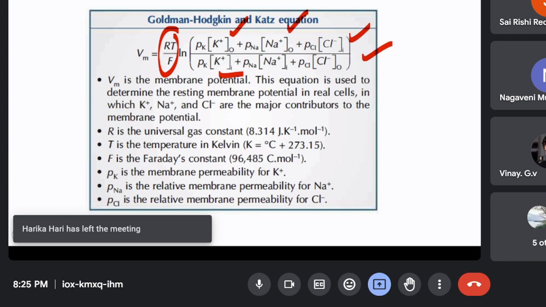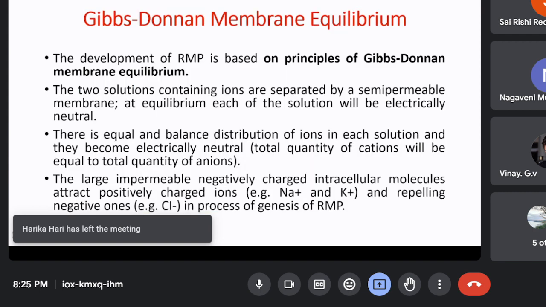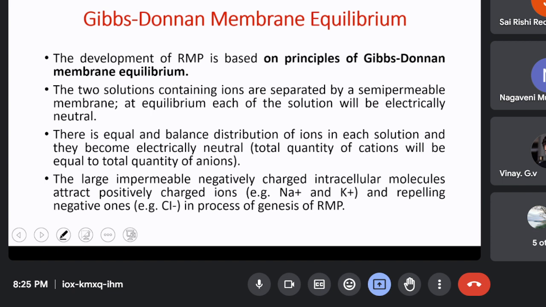Okay, and another one which we have discussed yesterday is the Gibbs-Donnan membrane equilibrium, where one non-diffusible ion is present on one side, like organic phosphates, organic sulfates, negatively charged proteins that we have seen in yesterday's class.